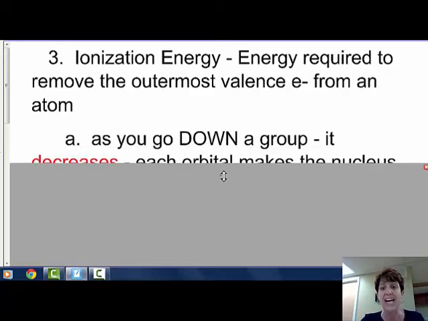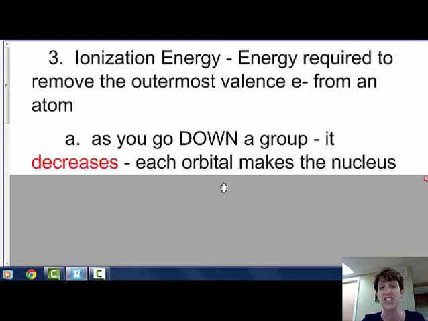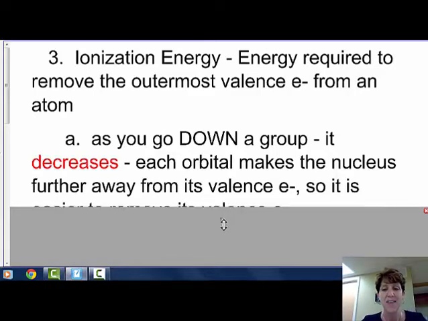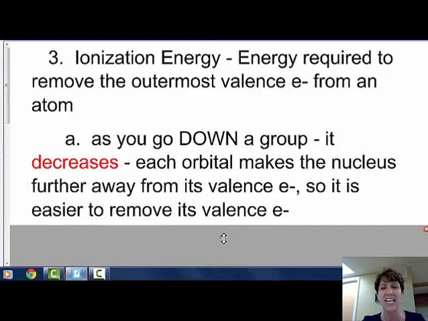All right, so as you go down a group, ionization energy decreases, of course, because I've got more rings, it's further away from me. It's much easier to get an electron away from me if I have this really big radius. You could think of it like the mom goes to the grocery store with her kids, and if her radius is really large, meaning that the kids are further away from her, it's easier to lose a child.